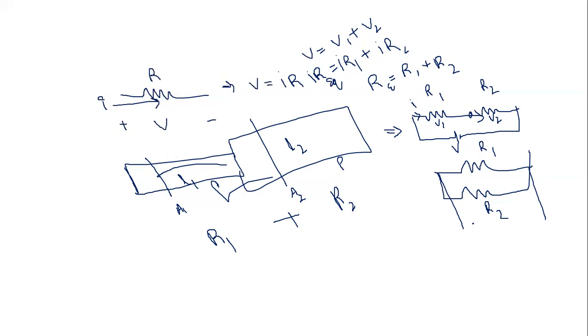Now, if you apply the same principle, 1 by R equivalent will be equal to 1 by R1 plus 1 by R2. This is how we get the equivalent resistances for the series and the parallel connections.